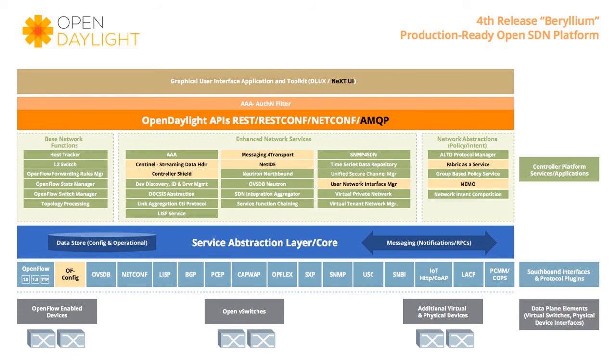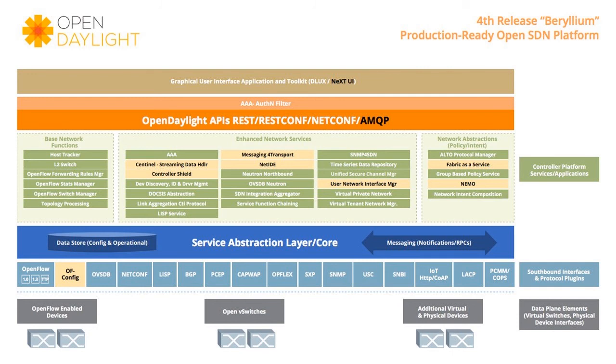So the key point here is there are a lot of things here. You don't have to use them all, but they're all there if you want to use them. The ones in beige with black text are the ones that are new in Beryllium. But just because something isn't new doesn't mean that it didn't change a lot.